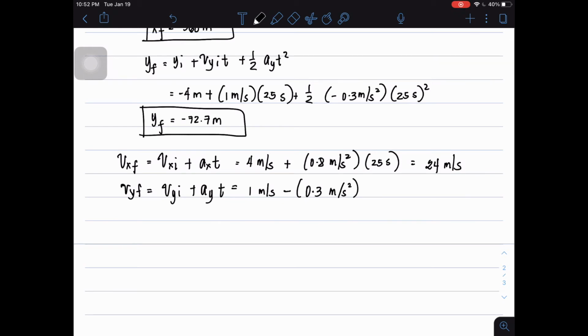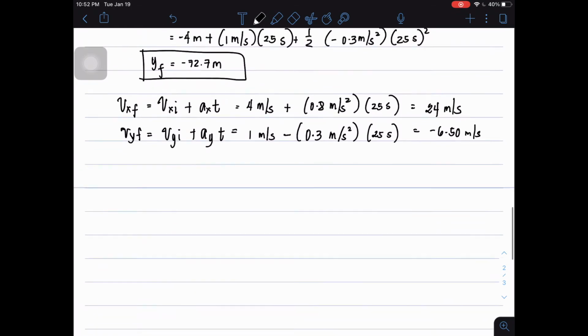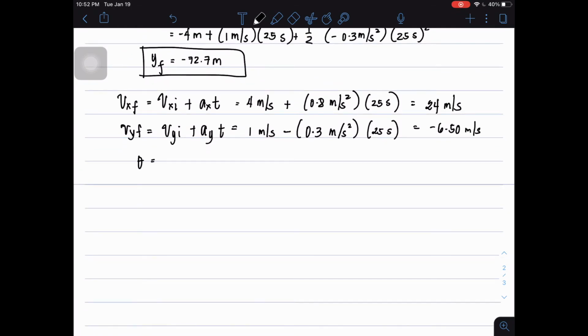Therefore, the vertical component of our final velocity is equivalent to negative 6.5 meters per second. And the direction is equivalent to arctan of Vyf over Vxf, which is actually equivalent to negative 15.2 degrees.